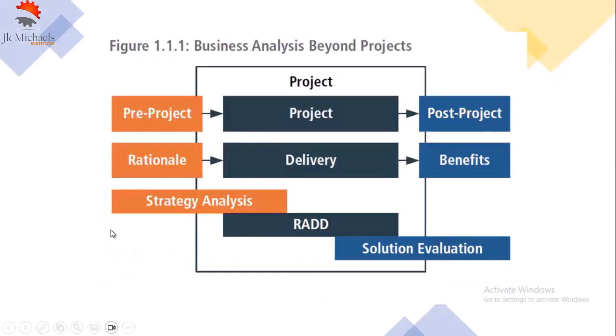So this is a very good example of business analysis beyond projects. Before the project, it's a very important thing to understand, what we have is rationale or justification for the project. And that will happen in strategy analysis, where we attempt to understand the current state of the business, right? Define what our future state will be and how we can go about implementing it.